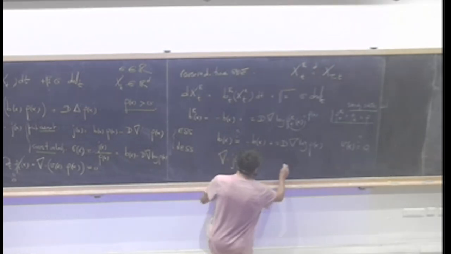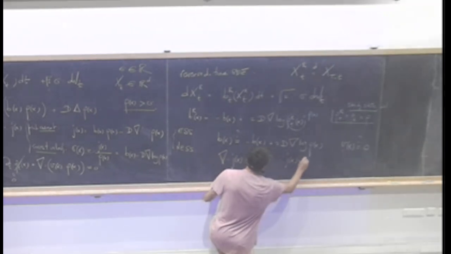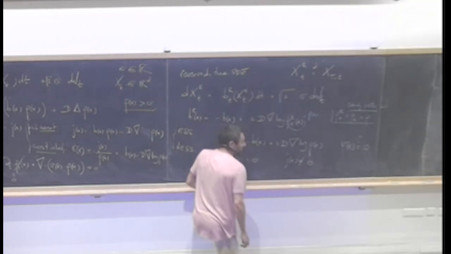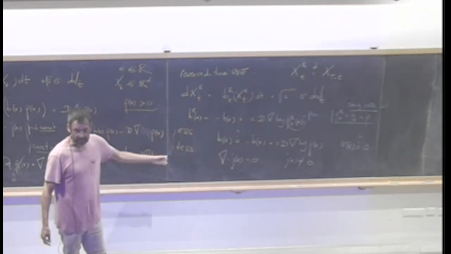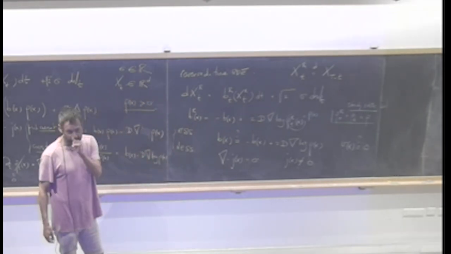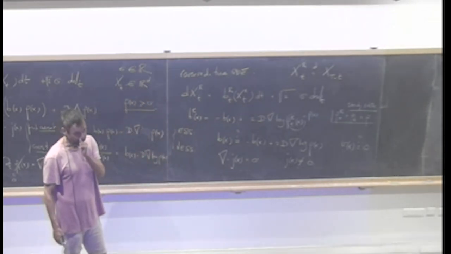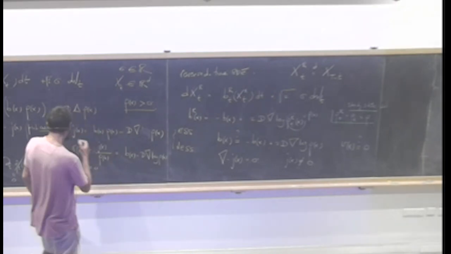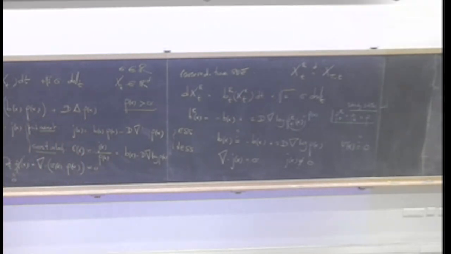But of course, you can realize that with J of x that is not necessarily equal to 0. Which again means that you can have a current. Okay? Yes? Okay.